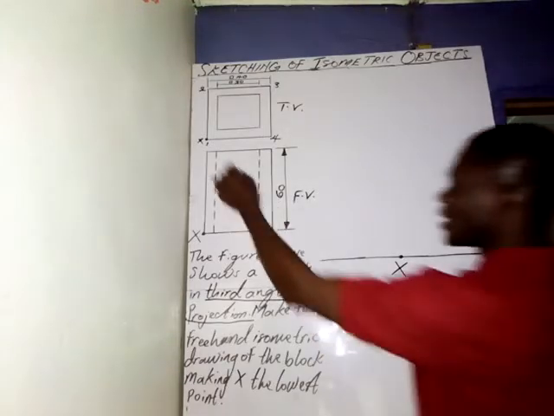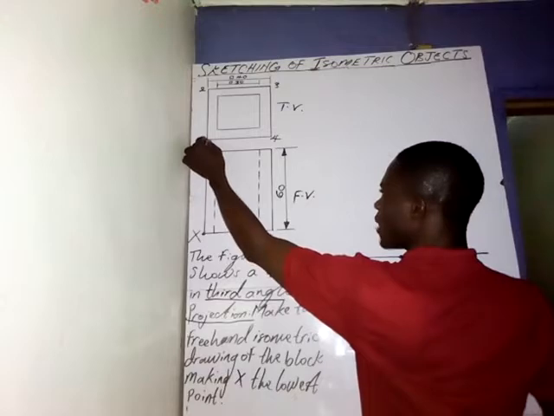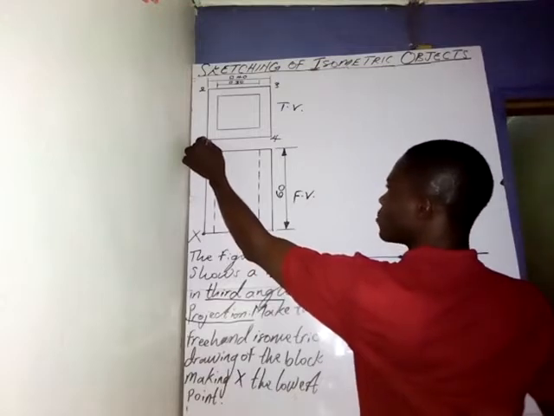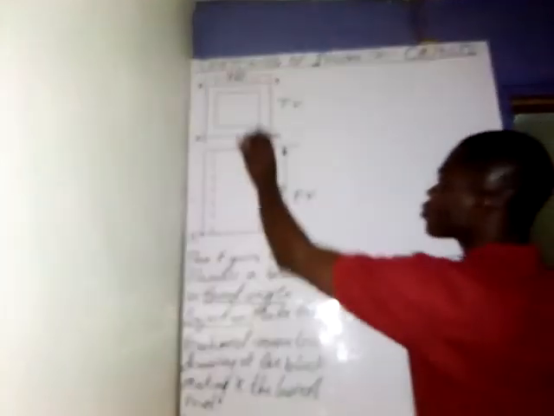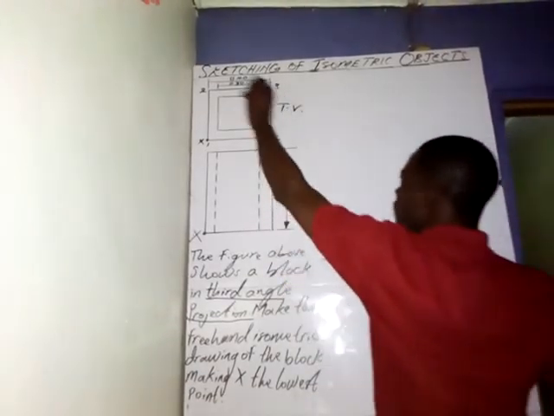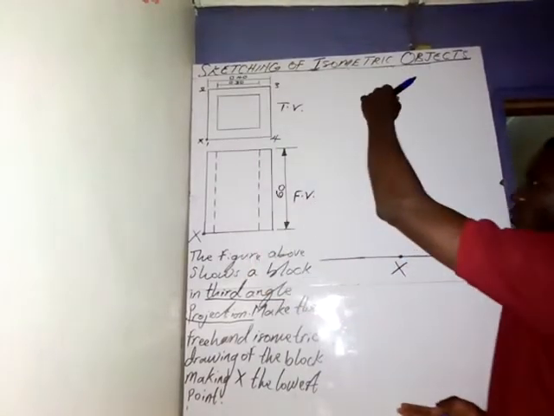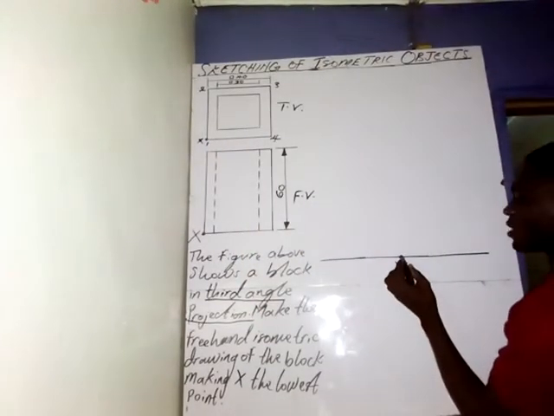If you look at the top view also, we have the lowest point X here too. We are going to have this at the bottom, and the same thing at the top.